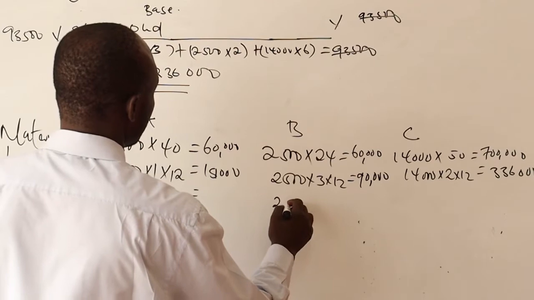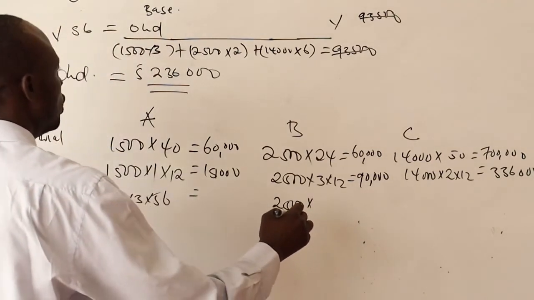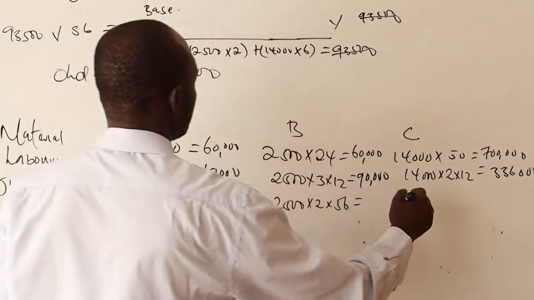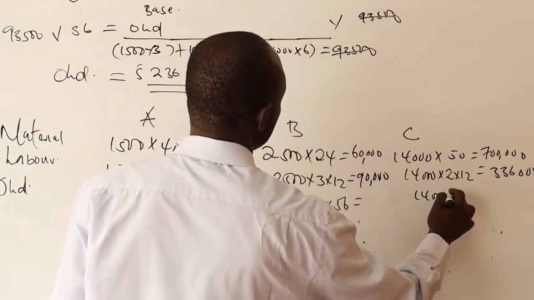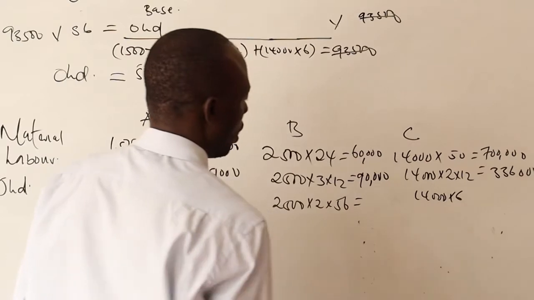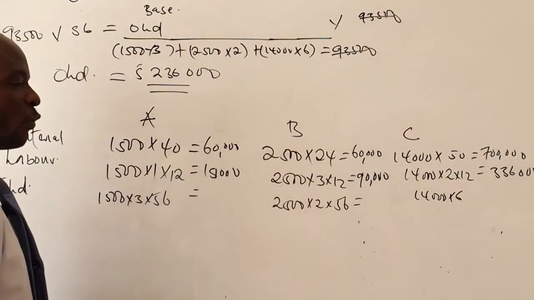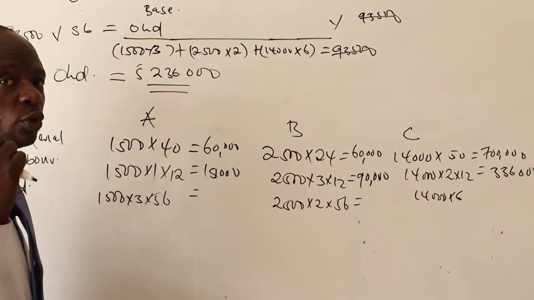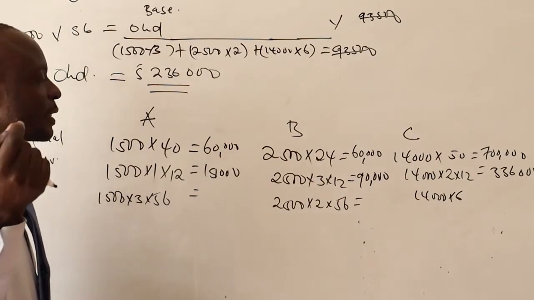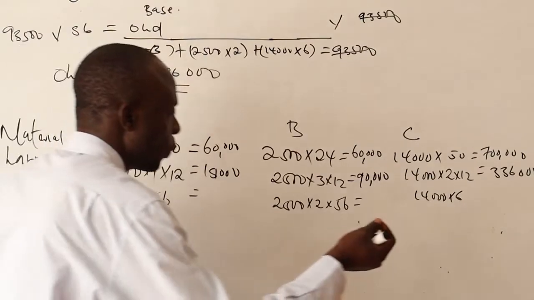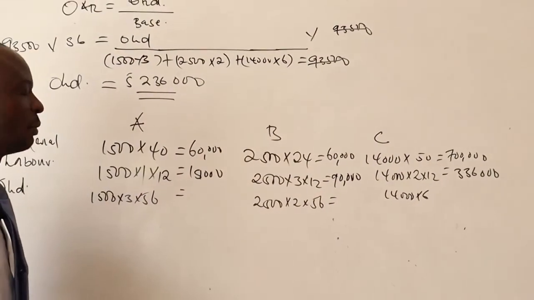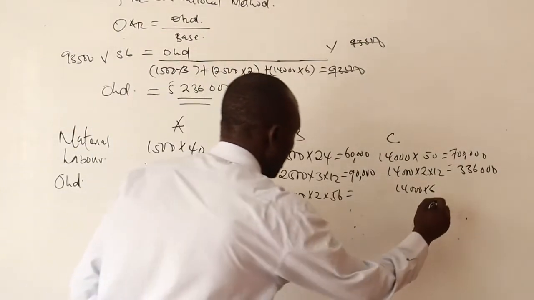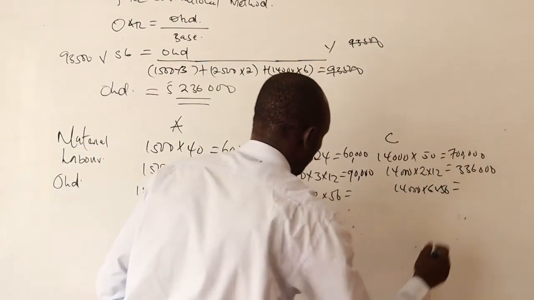This is 2500 times 2 times 56. And this is 14,000 times 6. Why 14,000 times 6? 14,000 is the total units produced, and each unit requires 6 machine hours. So when you multiply the total number of units produced times the machine hours per unit, we get the total machine hours, and the rate which they have already given us, 56, we get the total overhead.